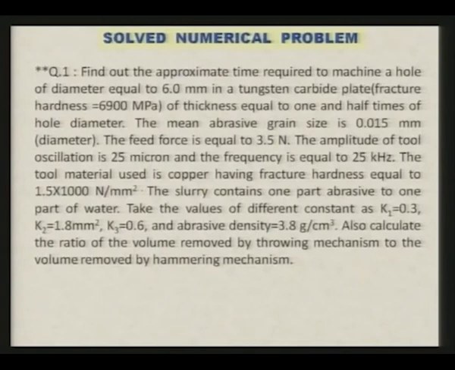The mean abrasive grain size is 0.015 millimeter. The feed force is equal to 3.5 Newton. The amplitude of tool oscillation is 25 micron and the frequency is equal to 25 kilohertz.